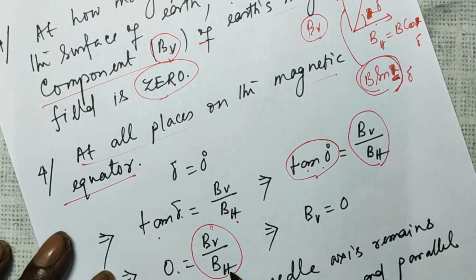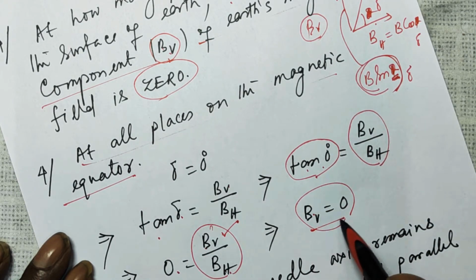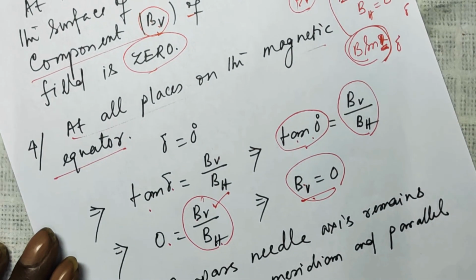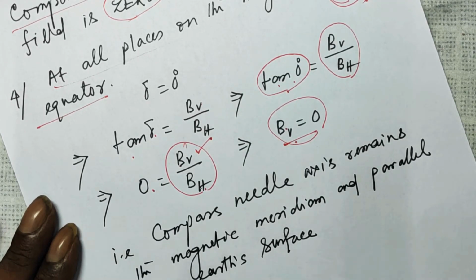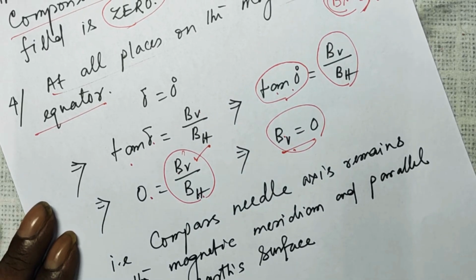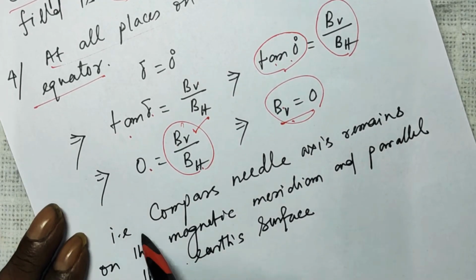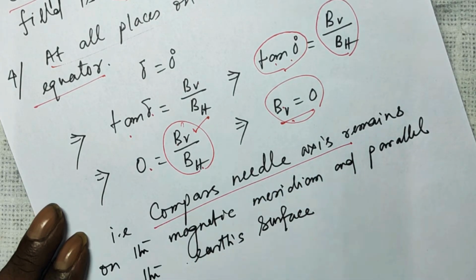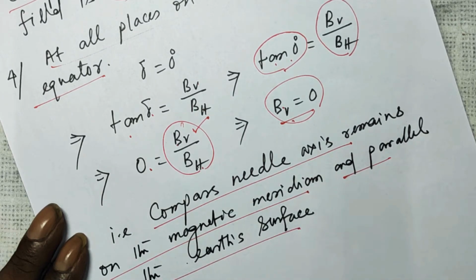Then how will this fraction be 0? If the numerator is 0. So at all places on the magnetic equator, the vertical component of the Earth's magnetic field is 0. That is the same thing as saying the total magnetic field at all points on the magnetic equator is totally horizontal. That is, a compass needle axis remains on the magnetic meridian and parallel to the Earth's surface.